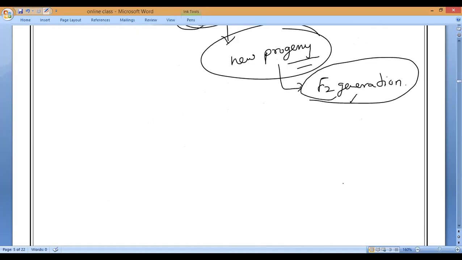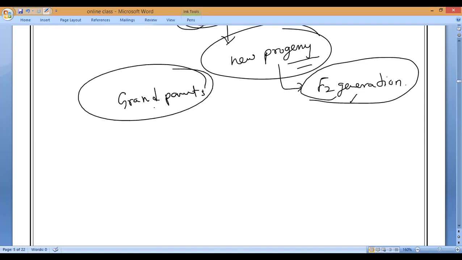For example, in humans, your grandparents are the parental generation. When they breed, we get a baby; that is what we call the F1 progeny.